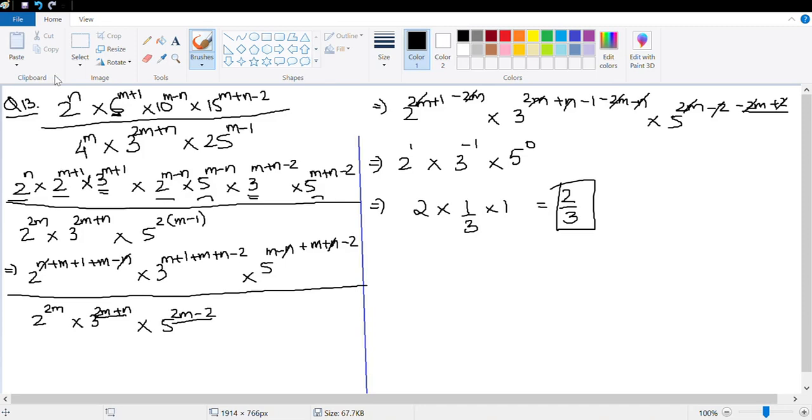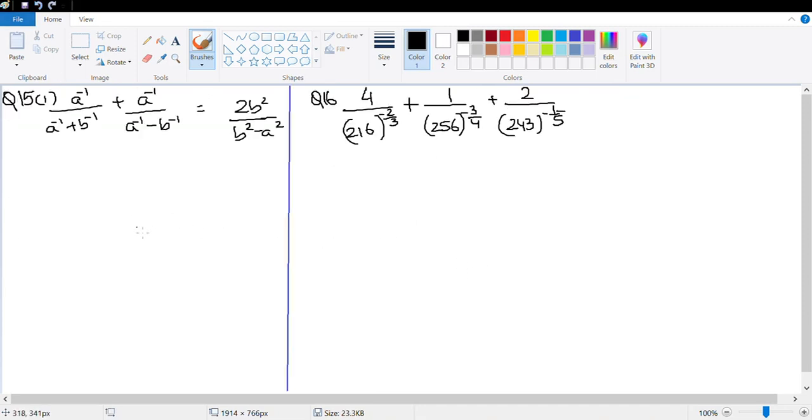The next question that we solve is question number 15, part 1. So question 15, part 1 is a to the power minus 1. Let's try and convert this into, a to the power minus 1 is 1 upon a. This is 1 upon a plus 1 upon b, and this is 1 upon a minus 1 upon b.